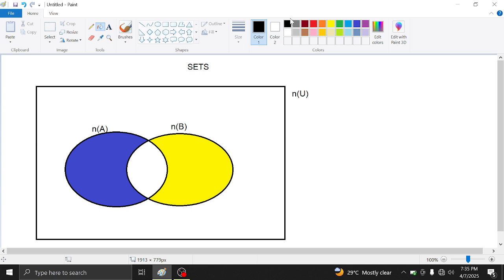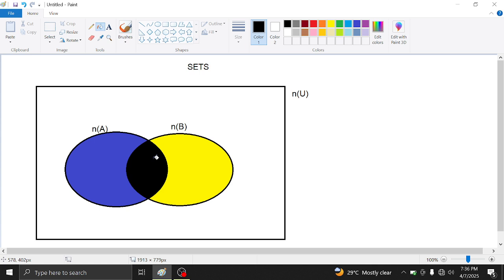From the two sets, the part colored blue is the number of A only, meaning members present only in A and never found in B. The yellow portion is the number of B only, meaning members present only in B and never in A. And the black shaded portion is the number of A intersection B, meaning members present in both A and B.